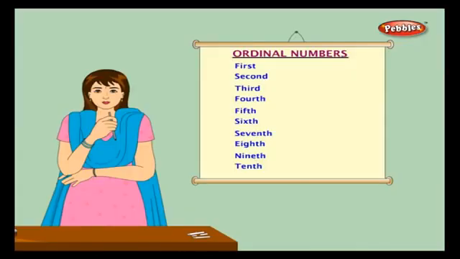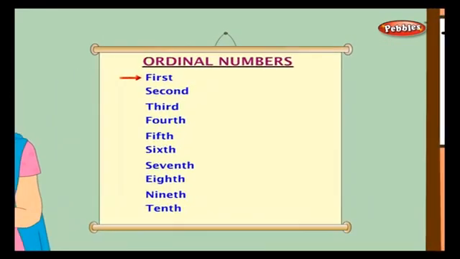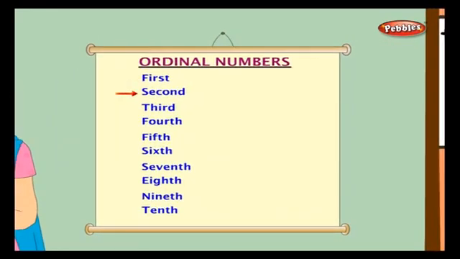Ordinal numbers tell us the position of an object in a row or in a column. First, second, third, fourth, fifth, sixth, seventh, eighth, ninth, 10th, and so on are called ordinal numbers.